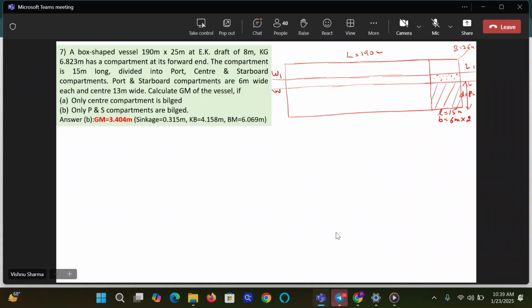I'll also take a lag. I'll lag behind intentionally. Please draw the water plane area at W1, L1 in which condition? In the bilged condition. Please draw it here.